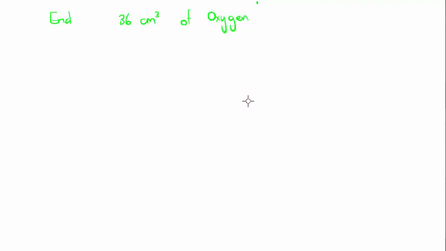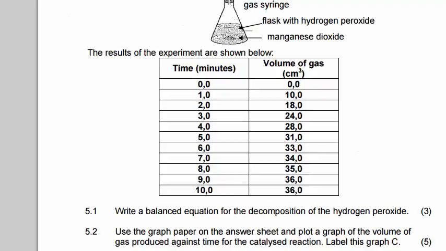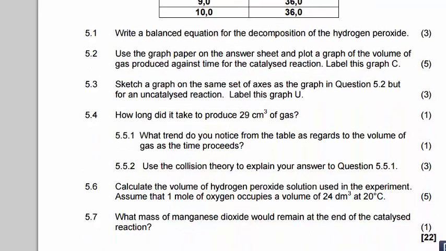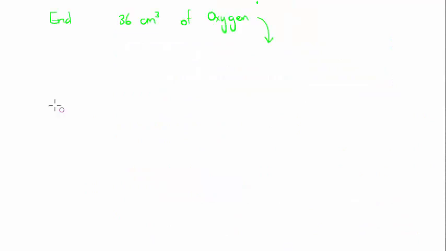Okay. So we want to know how many moles that is. We want to convert so that we can do calculations. Whatever we know in the end, we need to convert into moles. So now let's look at what they told us in the question. We can assume that 1 mole of oxygen occupies 24 cubic decimeters at 20 degrees Celsius.